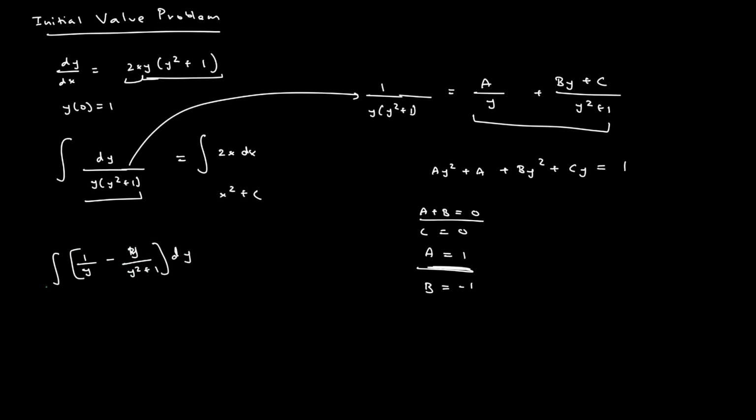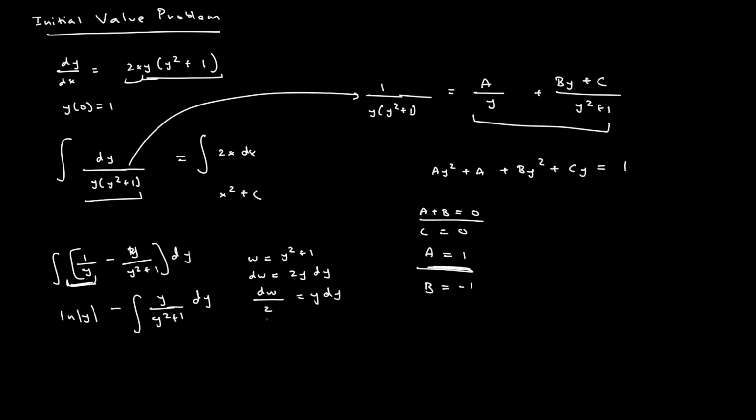So this over here is simply ln of the absolute value of y, and then to solve for the integral of -y over y^2 + 1 dy, we need to use a substitution. So if we substitute the value w = y^2 + 1, we get dw = 2y dy, and therefore dw/2 = y dy.